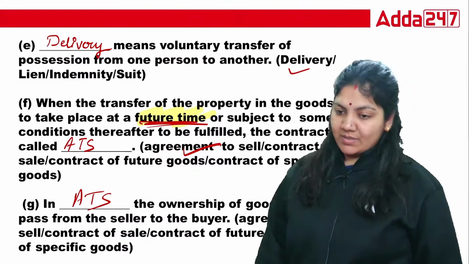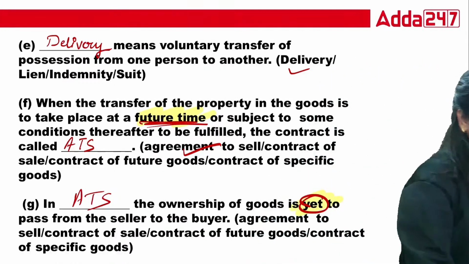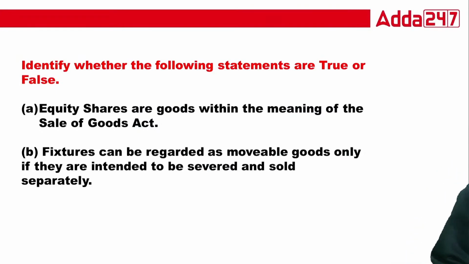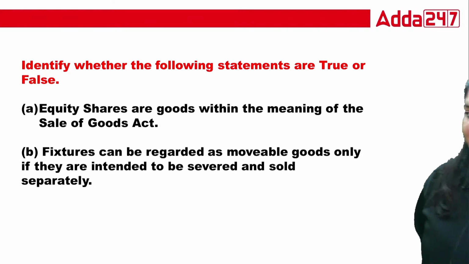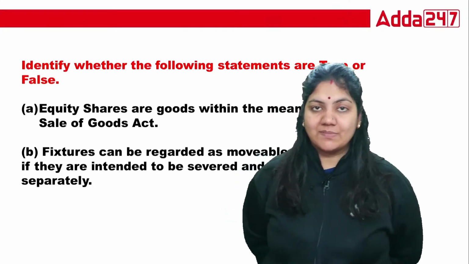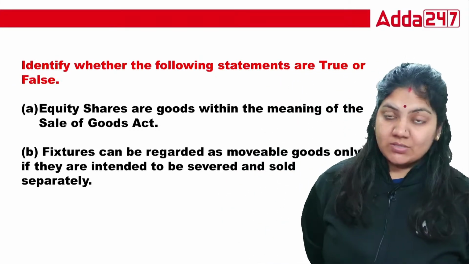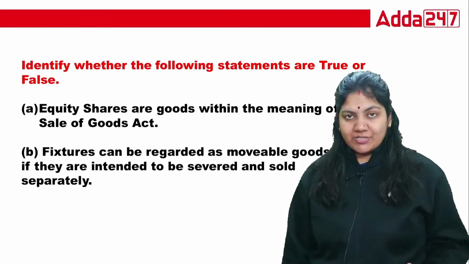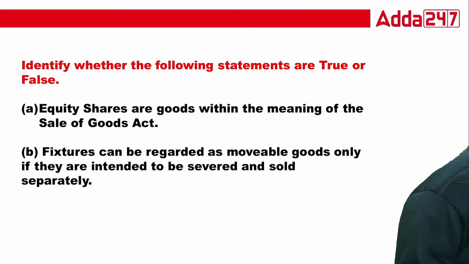Is that okay? I hope that is clear. Now, equity shares are goods within the meaning of the Sale of Goods Act. In the previous slide we discussed that shares come under goods. So equity shares, preference shares, yes, the answer is true.